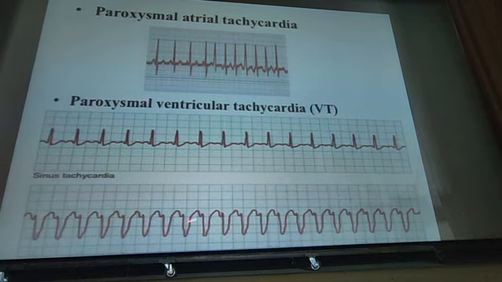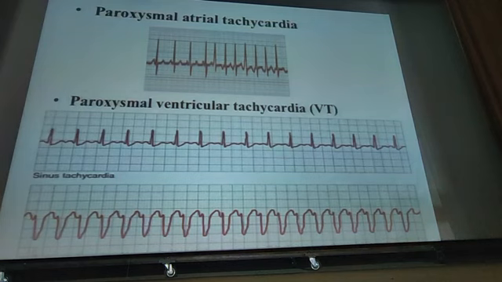If you see this ECG, you must give treatment for it. Why do you see the QRS widened here? With widening of the QRS, what should be the therapy?